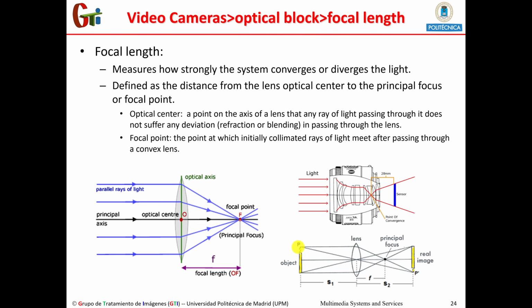To avoid this and have a very sharp image, all the different rays that come from the same object must be bent, you see, to converge in the same point to produce a sharp image, in such a way that a point in our image, in the sensor of the camera, has all the contributions, all the rays coming from the original physical point.